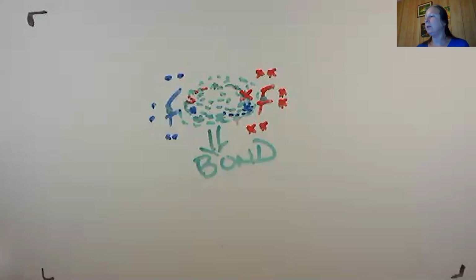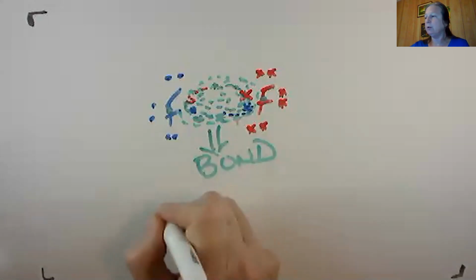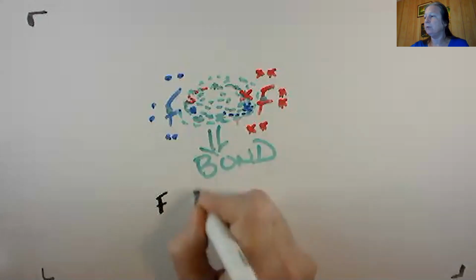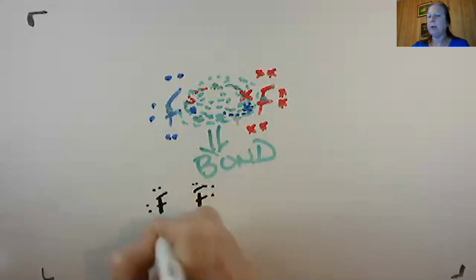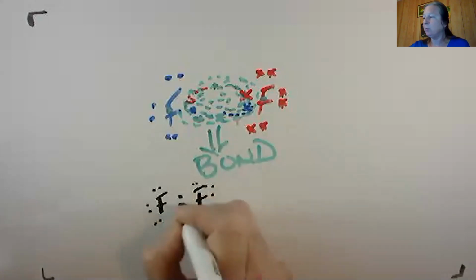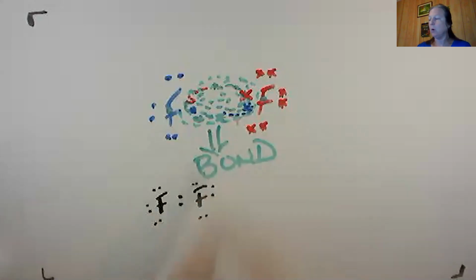And when we draw this, which you'll get into next week, you'll draw the fluorine, and you'll draw the fluorine, and you'll draw the paired electrons, but then the ones in between, you just draw one pair in between, and that indicates a bond.